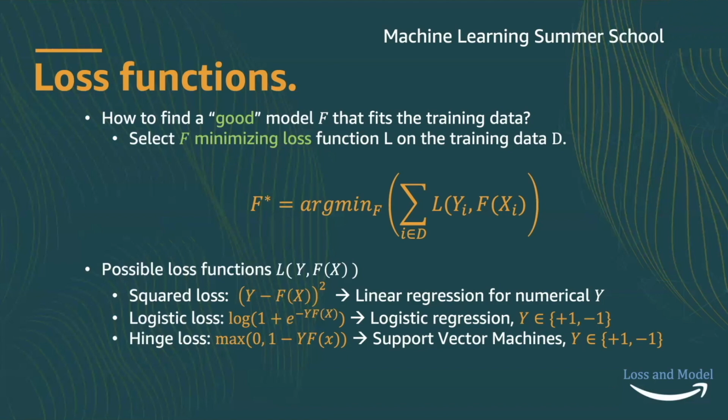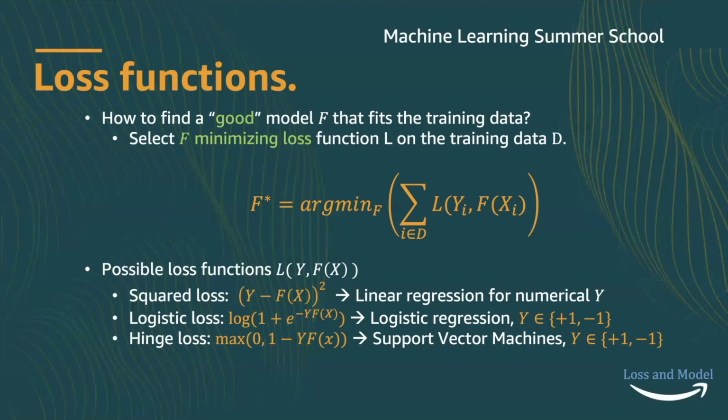A very simple loss function for regression could be just the difference between the true value and the prediction, and that is what is called the squared loss. However, if you have a classification problem, the squared loss wouldn't work as well. So we have other losses. A simple classification loss is just a counting loss.